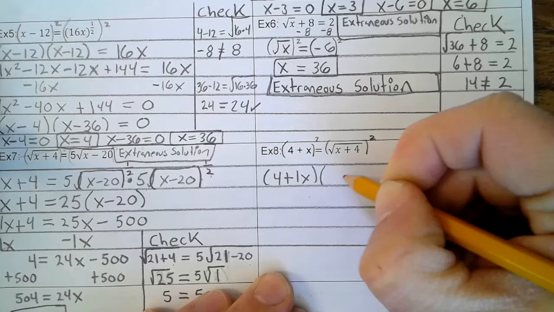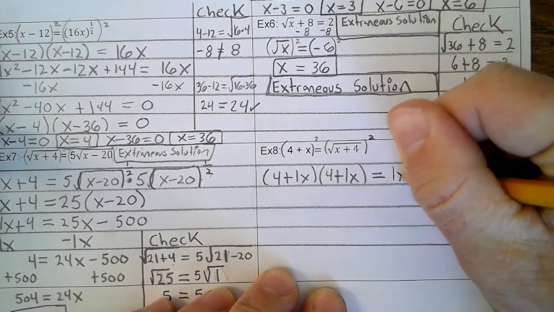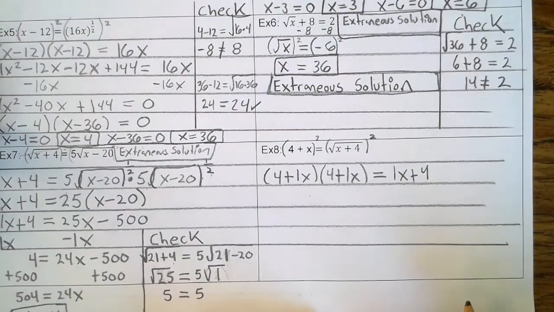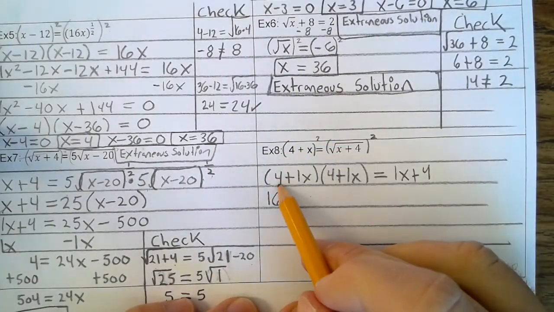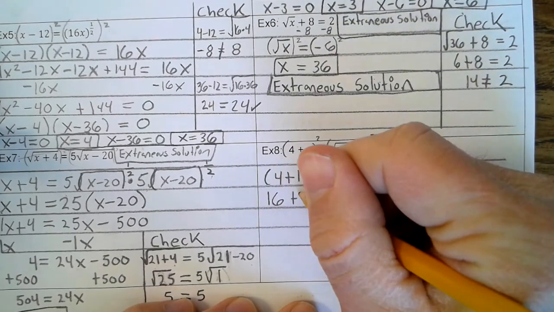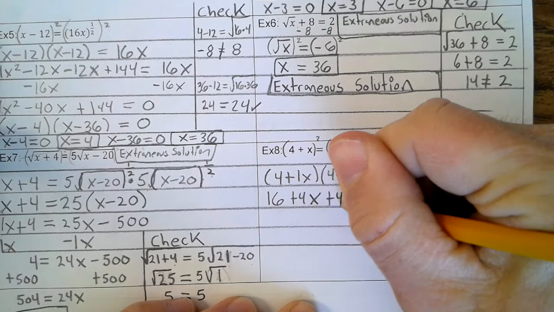Then you FOIL: 4 times 4 is 16, 4 times 1x is plus 4x, another 4 times 1x is plus 4x, and 1x times 1x is 1x squared, equals 1x plus 4. So we're going to subtract 1x from both sides and subtract 4 from both sides.